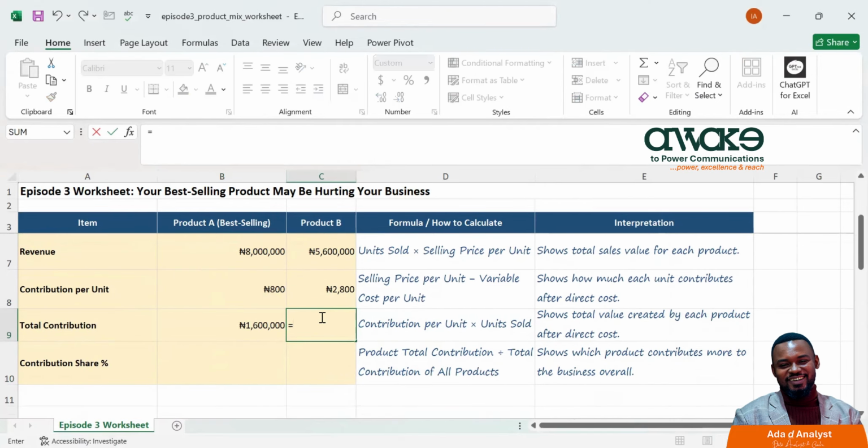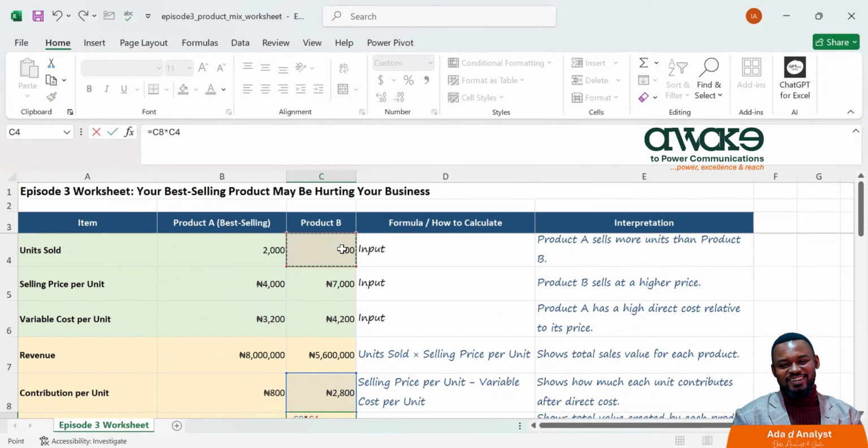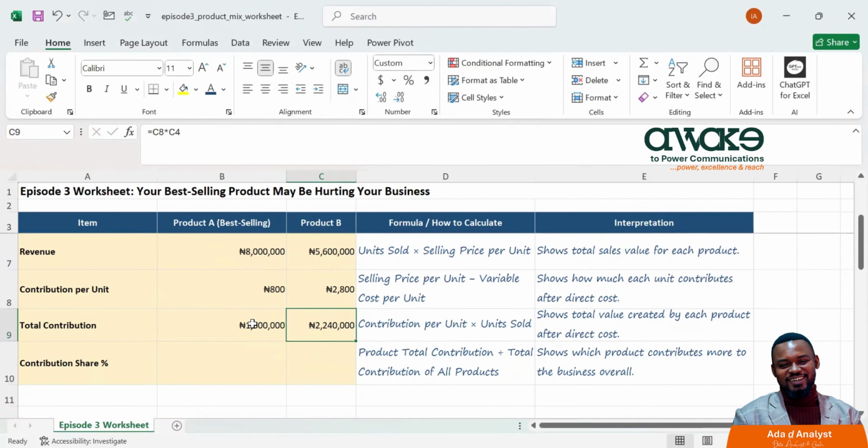For product B, the contribution per unit was 2,800 multiplied by the 800 units sold. Enter. You can now see the difference coming out. Where we have a higher revenue, the total contribution is less, and where we have lower revenue, the contribution is higher. That is why products that have low margins actually add very little to profit.